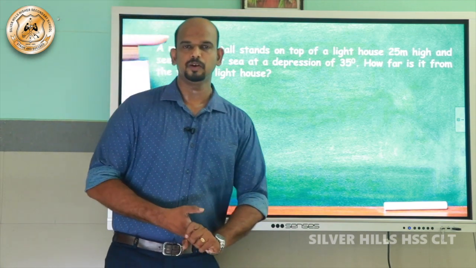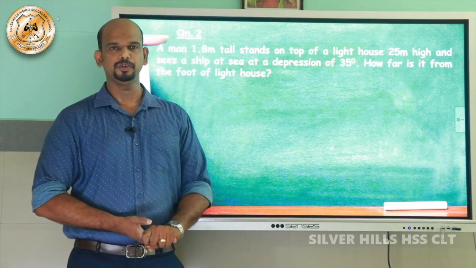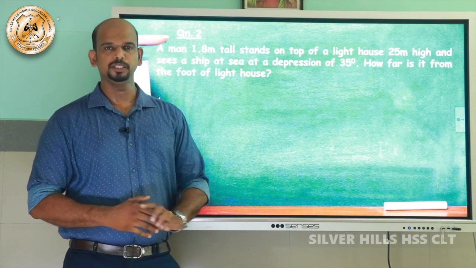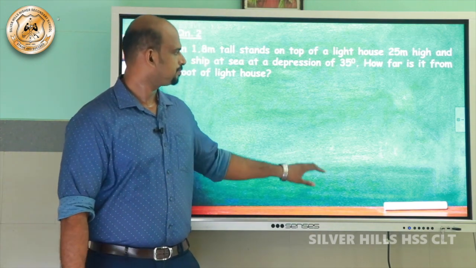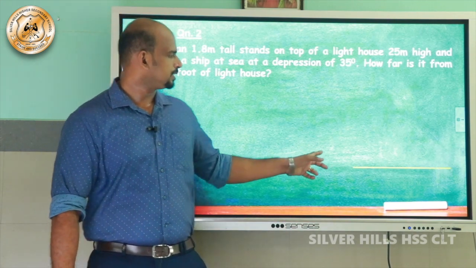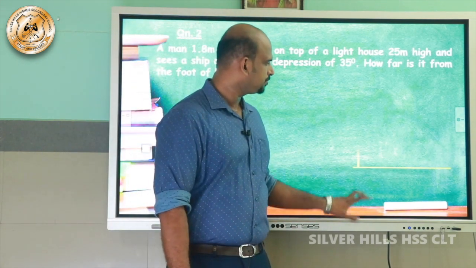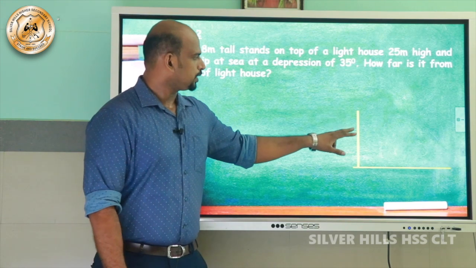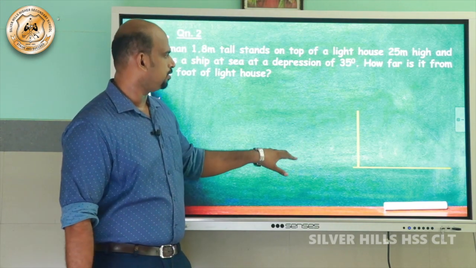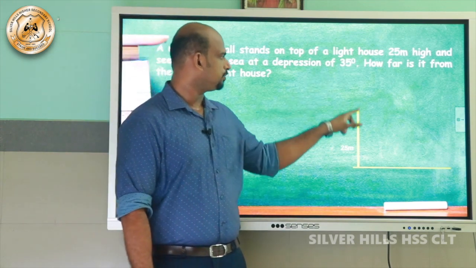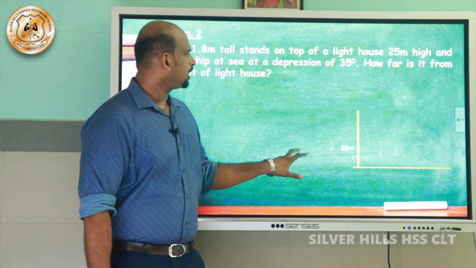Here also, first we have to draw a rough figure based on this statement. Let us draw. This line represents sea level. This vertical line represents the tower of height 25 meters.